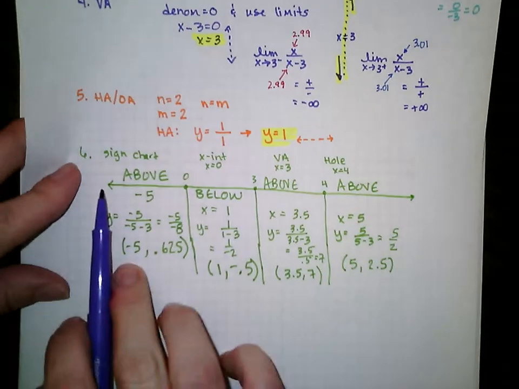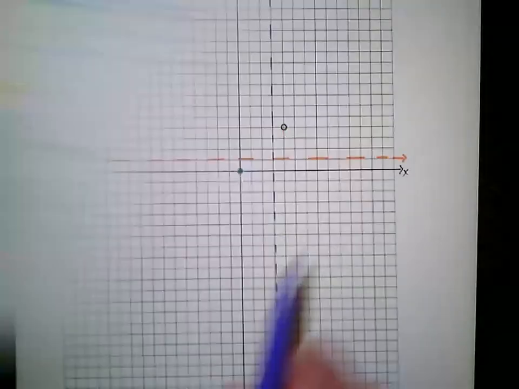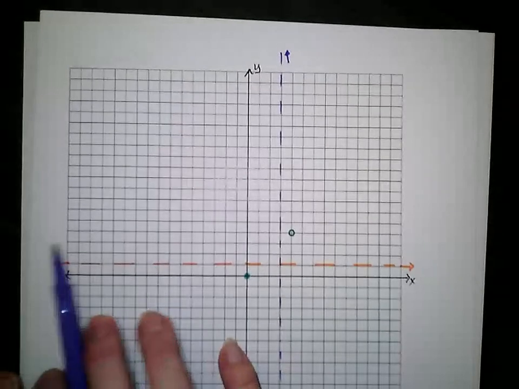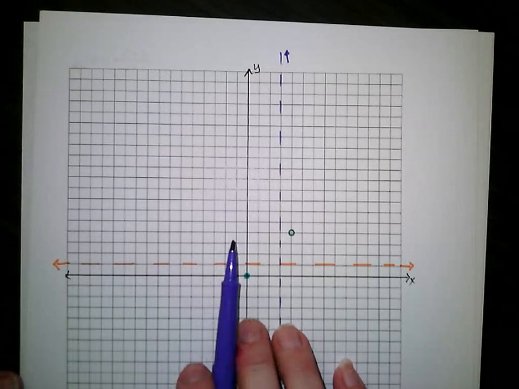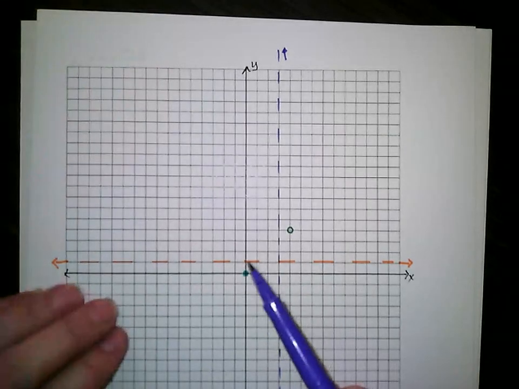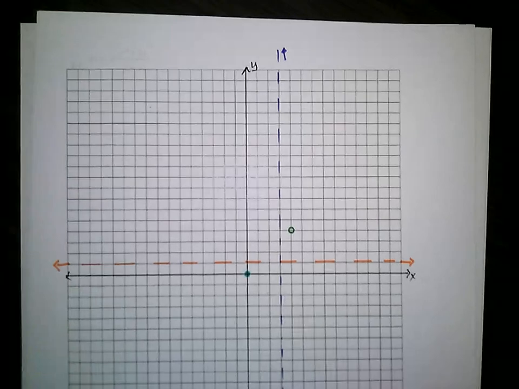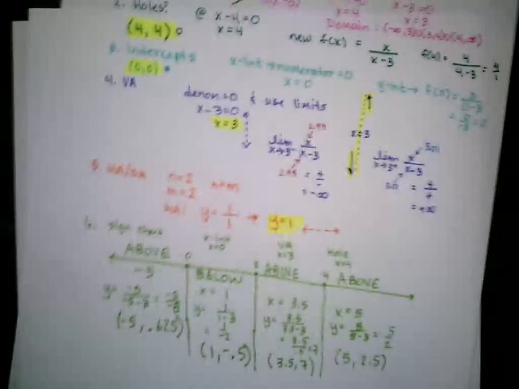So I've got that my graph should be above the x-axis between negative infinity and 0. So from negative infinity to 0, my graph is going to be above the x-axis. And then what? Did I have a mistake there?